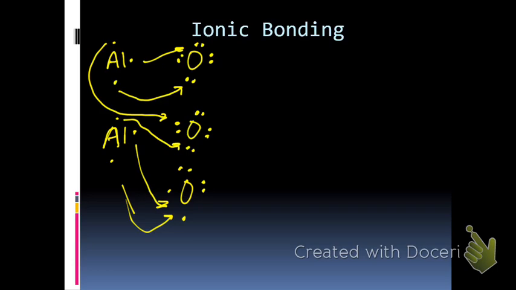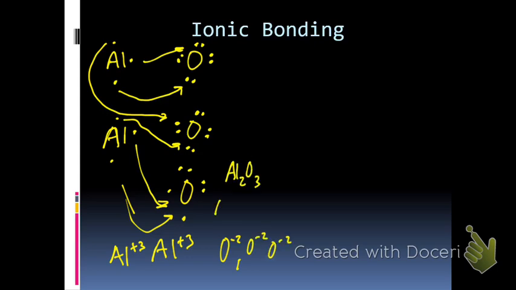And so you get 2 aluminums and 3 oxygens. So this would ultimately come together to make Al2O3, which is aluminum oxide.